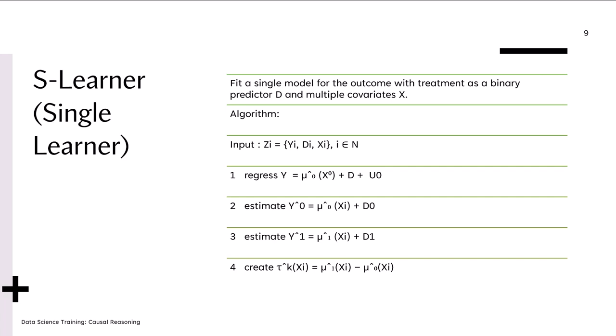And then the conditional average treatment effects are the difference between the mean of the potential outcomes if treated and the potential outcomes if not treated, conditional on covariates.